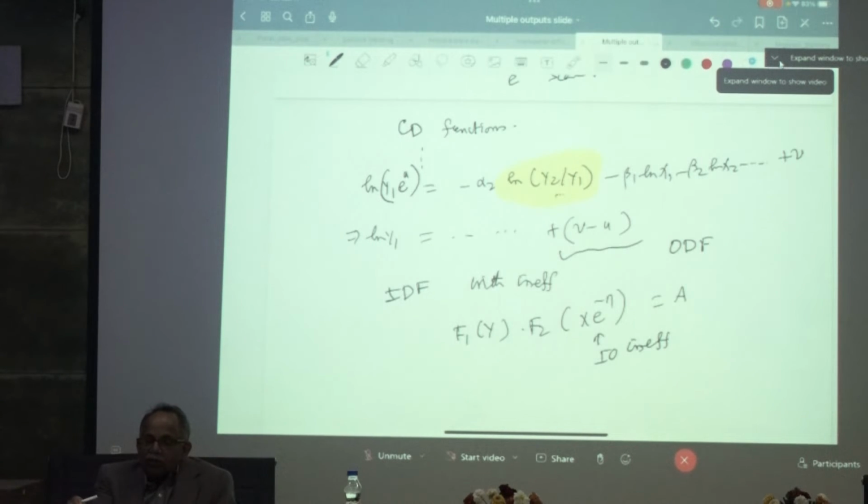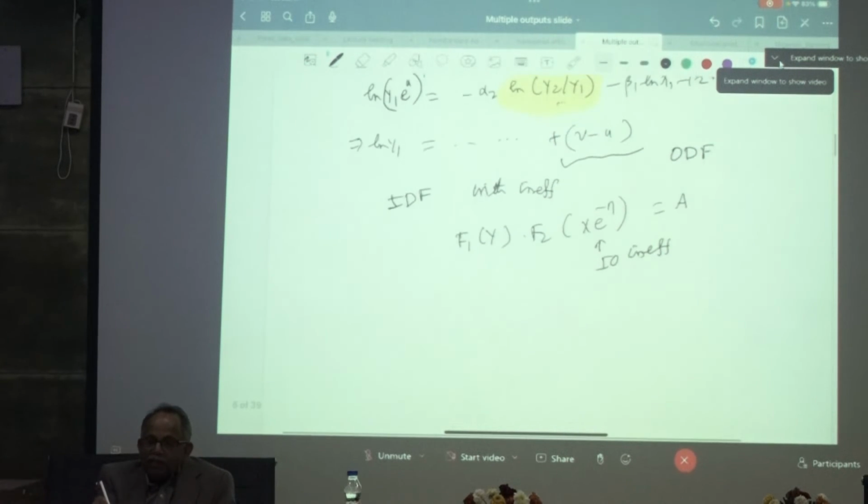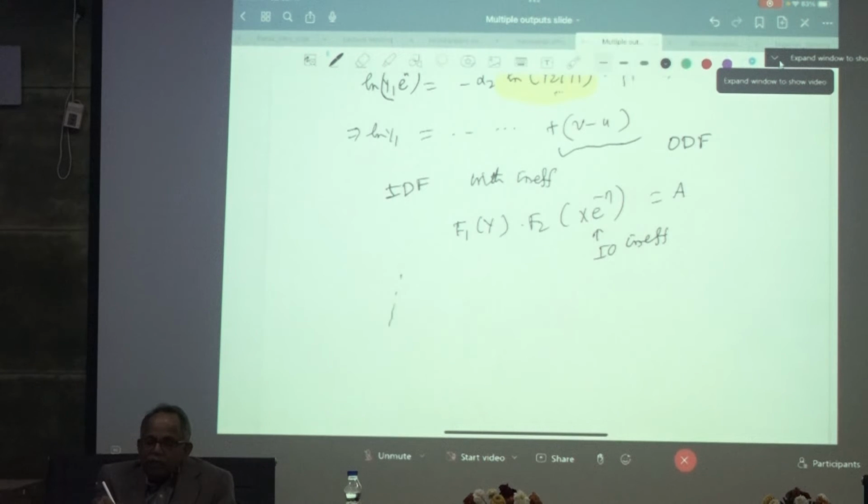Then you go through the same lines of algebra, and you will be saying that, okay, log of x1 on the right hand side you will have minus beta 2 log of x2 over x1.